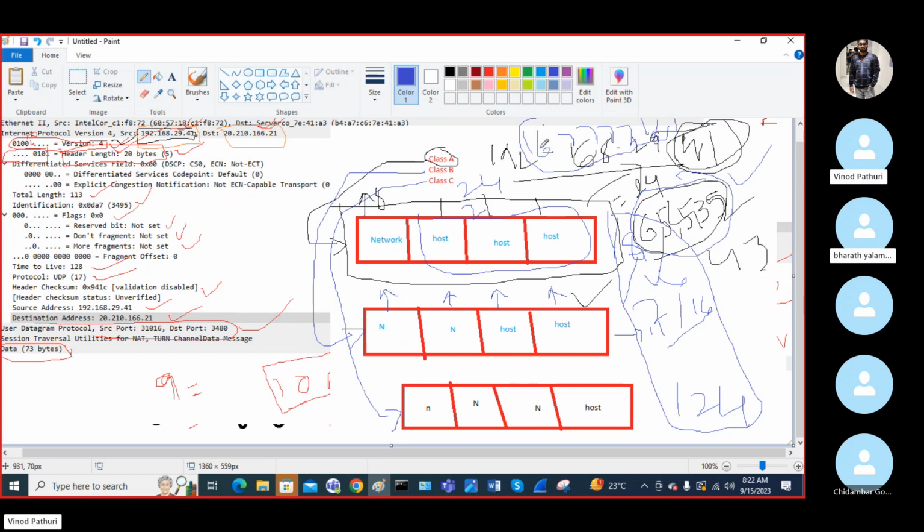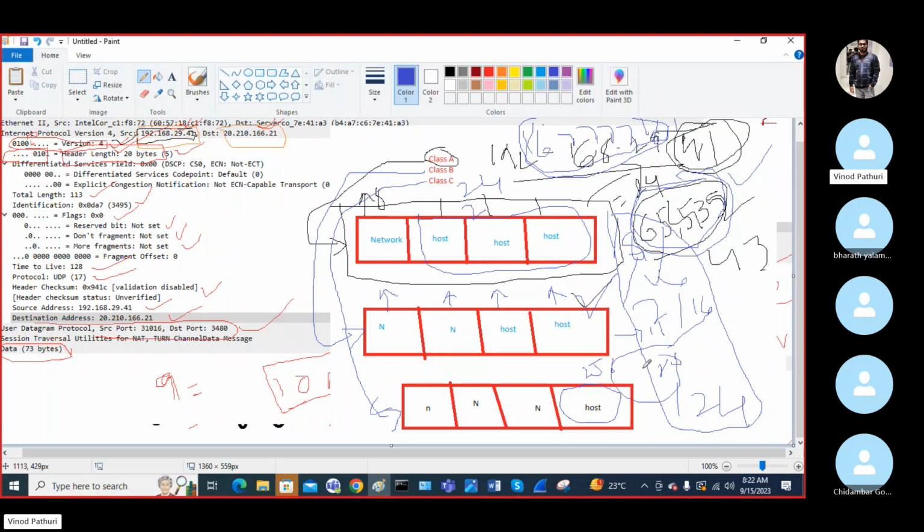Okay, so here we have more than 16 million addresses in class A, and in class B we can connect up to 65,535. And in class C we can connect only 255 per network, because what is the value of 2 power 8? 256, right? So we count from 0 to 255 only.